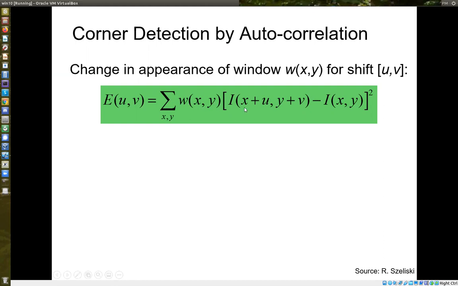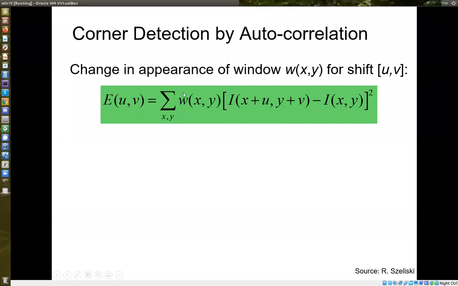If I shift the image a little bit, by U and V, then I will have an image I of X plus U and Y plus V. Or you can think of the pixel at X and Y as being shifted to X plus U and Y plus V. Now, if I have this quantity for a flat region, this should be equal to 0, because I move a slight U and slight V, and these two values will be just the same, as we mentioned earlier.